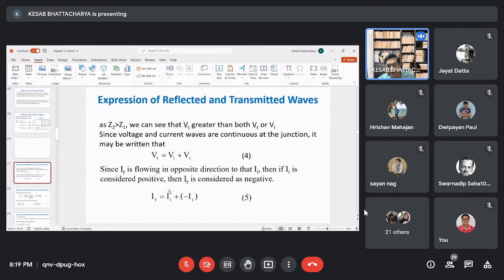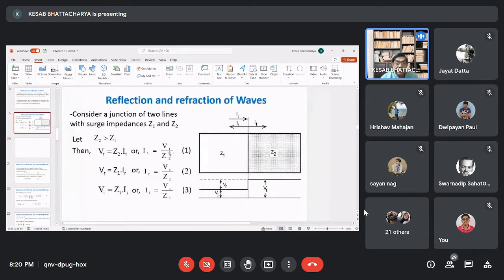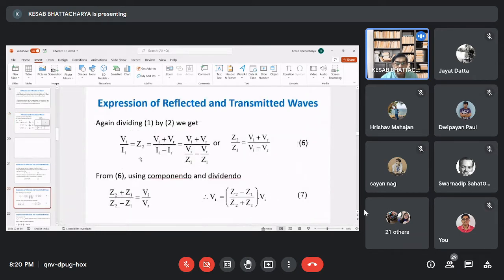According to Kirchhoff's current law, we can write this. Yes, sir. Okay, fine. Then these derivations are very simple. Vt by It is equal to Z2 from our equation 1. So Vt by It is equal to Z2, and Vt can be replaced by Vi plus Vr, and It can be replaced by Ii minus Ir.